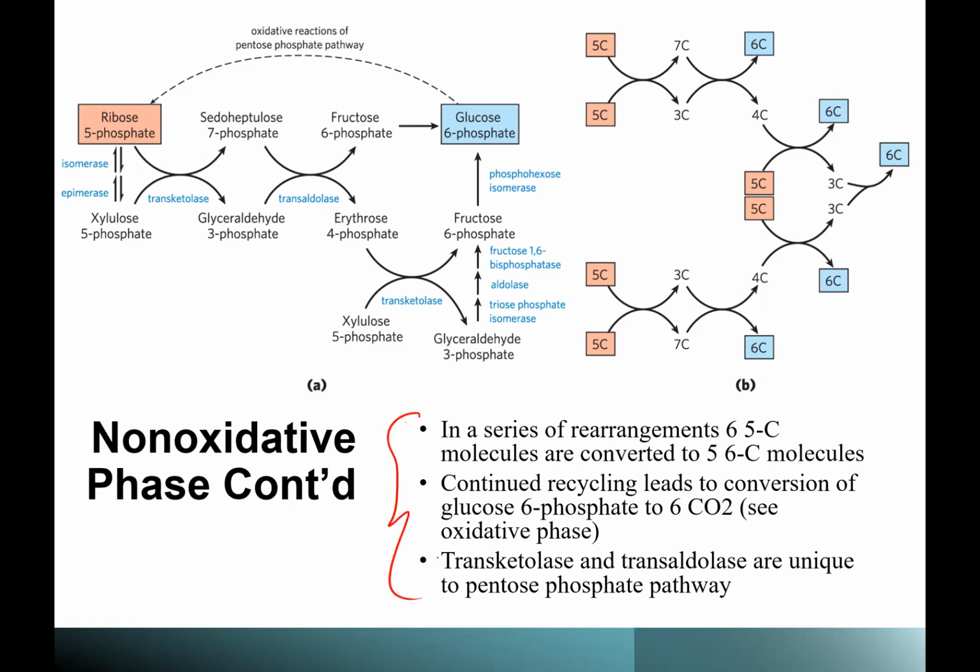That's really what this is: a bunch of moving of groups around to convert glucose 6-phosphate ultimately to 6 CO2. And we're going to see how these enzymes, transketolase and transaldolase, pull this one off. So if you have time to take a look at this before the next class, fine. If not, also okay.